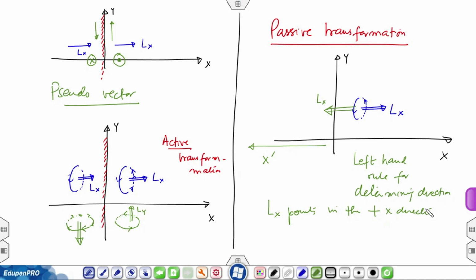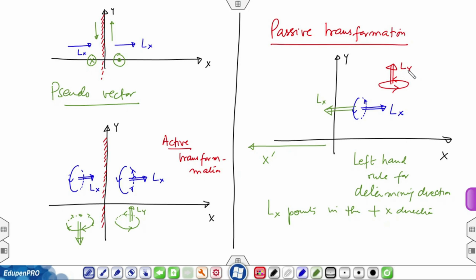How about looking at rotation? Now, system remains where it was. How about looking at rotation such that the angular momentum is in the Ly direction or y direction?